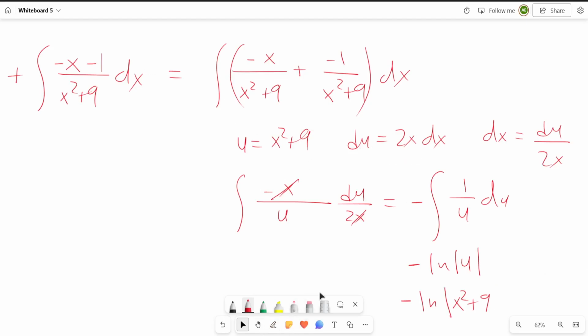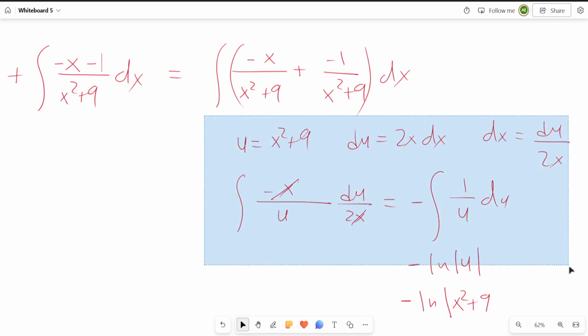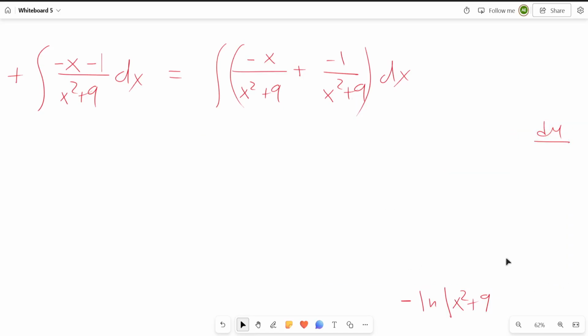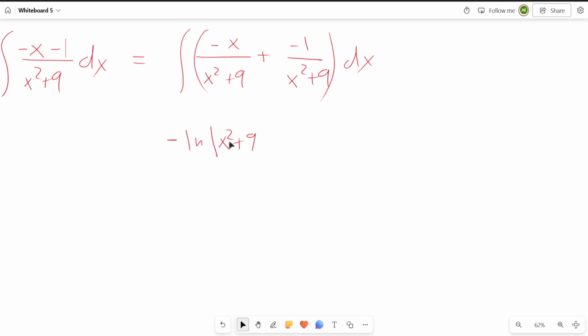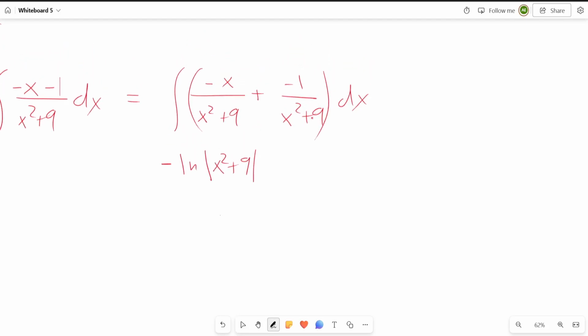So let's actually erase all of this and copy this term over here. So this is basically the integration of this term. What about the integration of minus 1 over x squared plus 9?